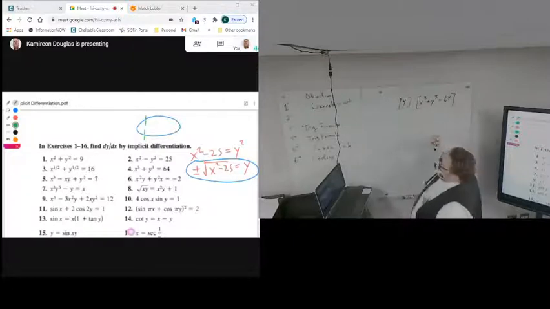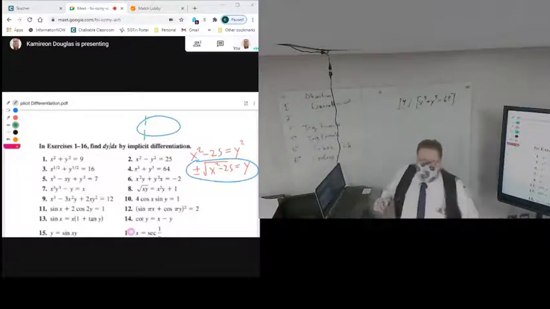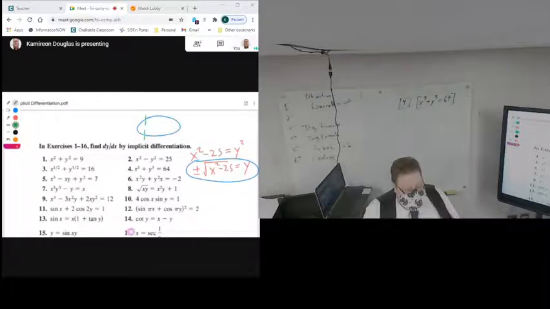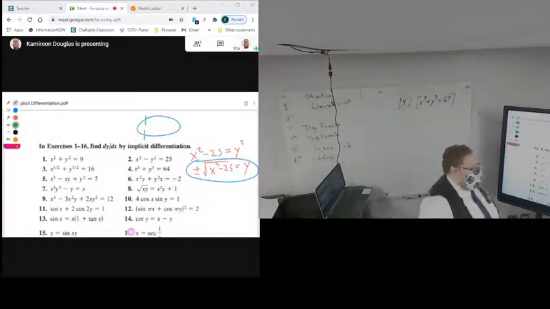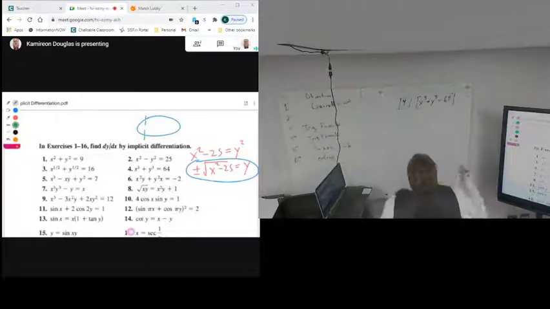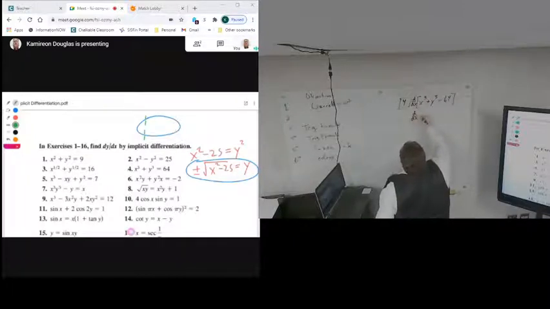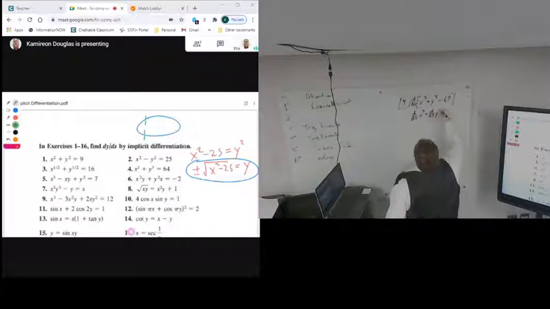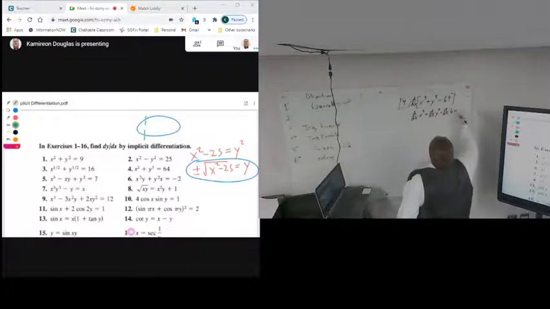Implicit differentiation just gives you another tool in your toolbox. This adds to our list of things, not replaces anything we could do. We can always go to this as an option if we choose to. We don't have to, though. I want to do d/dx, which makes this become d/dx of x cubed plus d/dx of y cubed plus d/dx of 64.